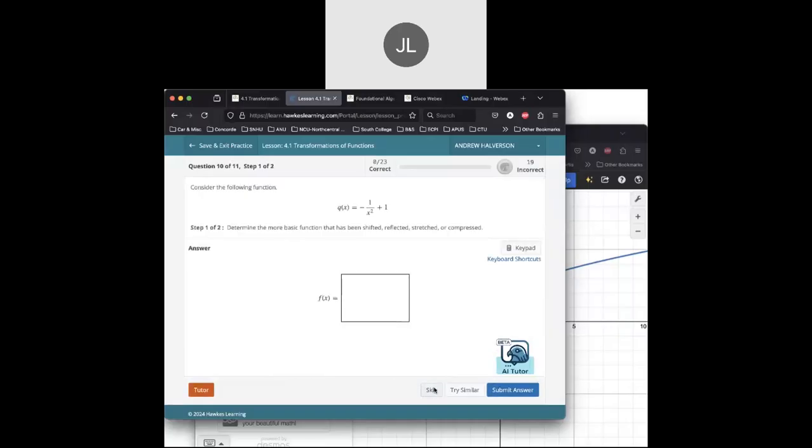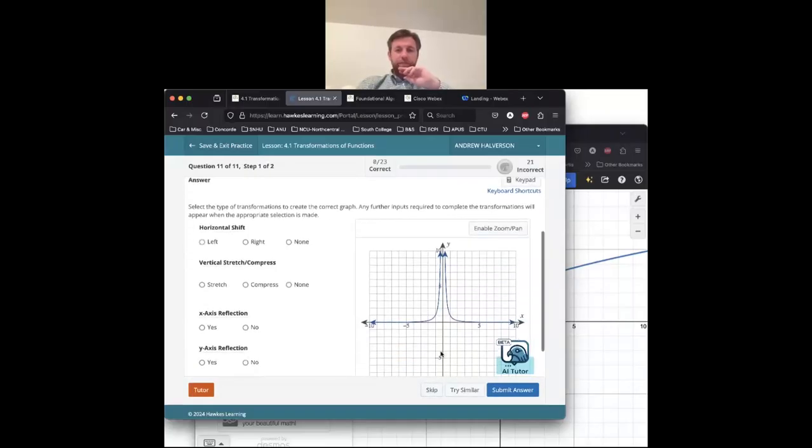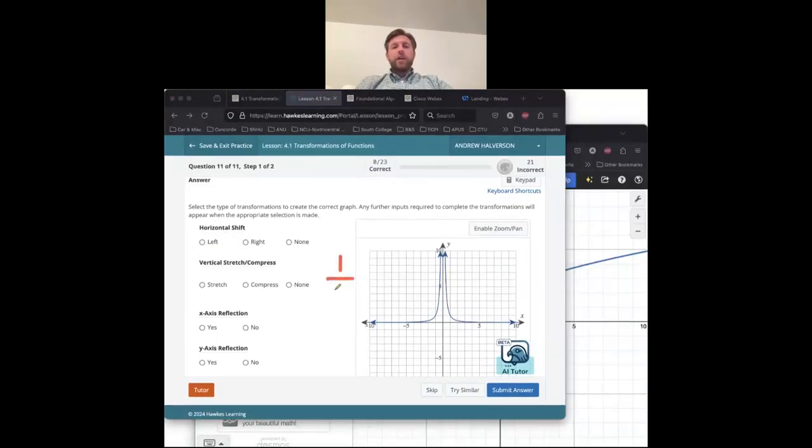Where is it? This one? Yep. See, what happens is, think about what happens with 1 over x. So this one goes like this. So basically the difference is this part right here. So why is that? It's because when x is negative, let's take a look at the difference between 1 over x and 1 over x squared.